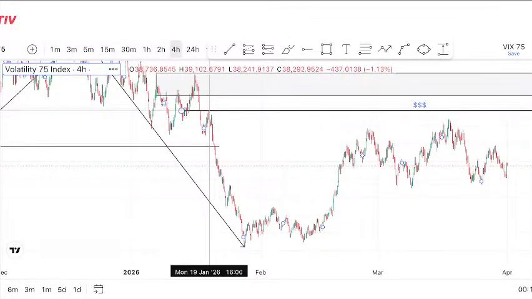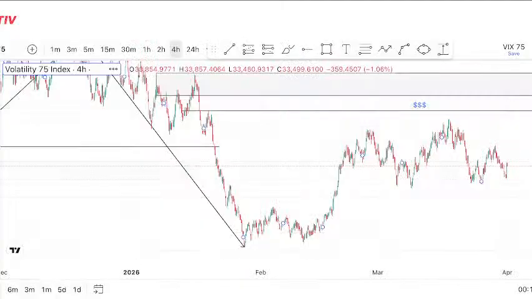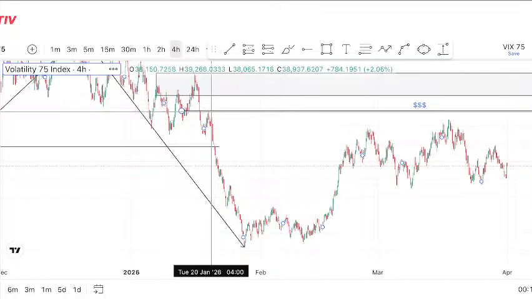Some people are going to be selling from around this area when price gets there. They are going to think that this structure here is going to hold price, and what price is going to do is push up, take these early sellers out of the market, and then go to the main zone. This is the zone I want to sell from on volatility 75.